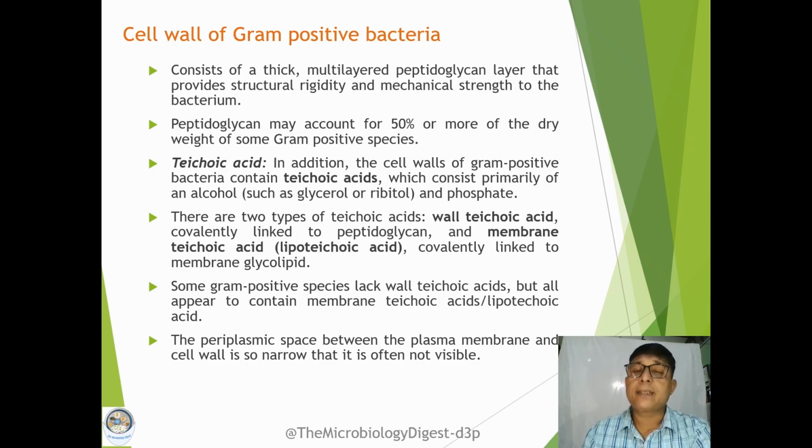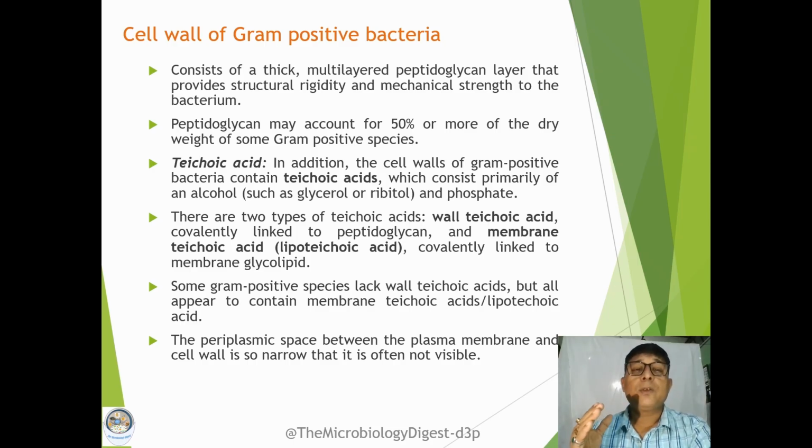So in gram-positive bacteria, there is a thick, multi-layered peptidoglycan layer. The peptidoglycan layer present in gram-positive organisms is very thick, and the entire structure is very rigid, and it gives additional strength to the bacteria.